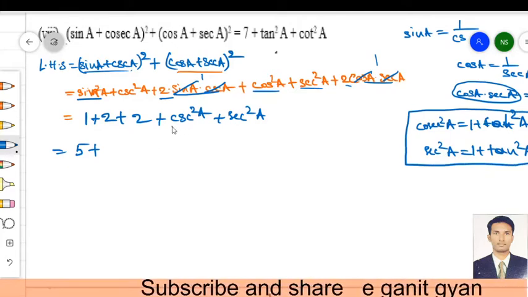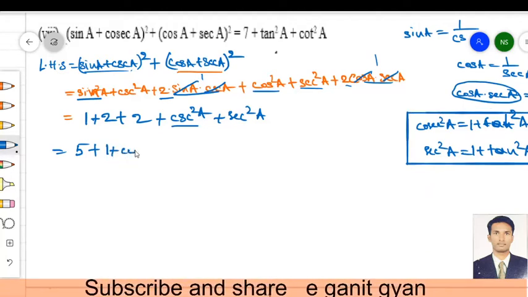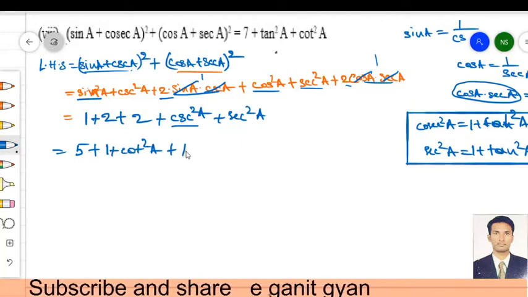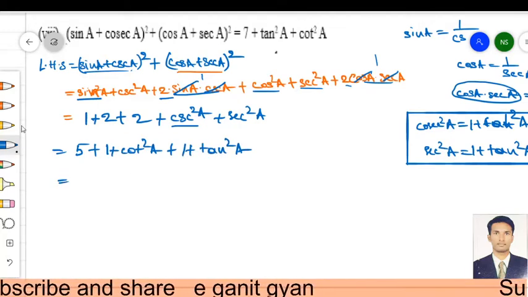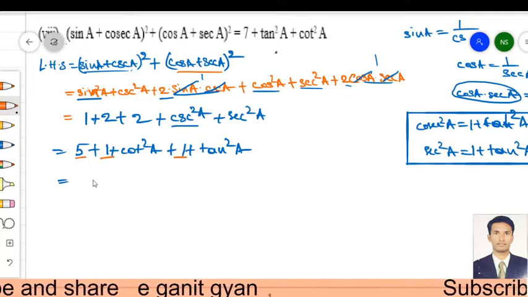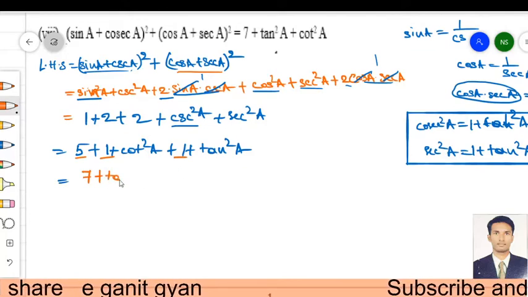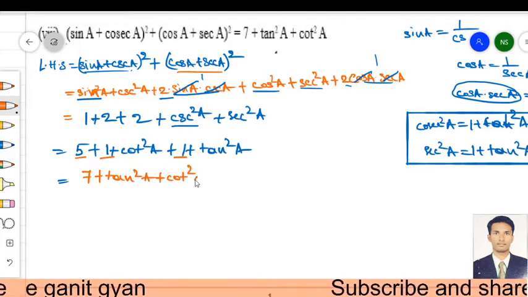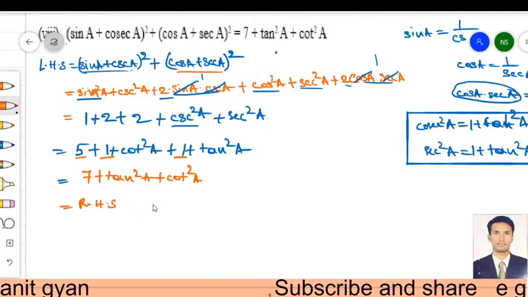From that I can write cosecant square a is 1 plus cot square a, plus secant square a is 1 plus tan square a, so that we can write finally 5 plus 1 plus 1, which is 7, plus tan square a plus cot square a, and this is our right hand side of the question.